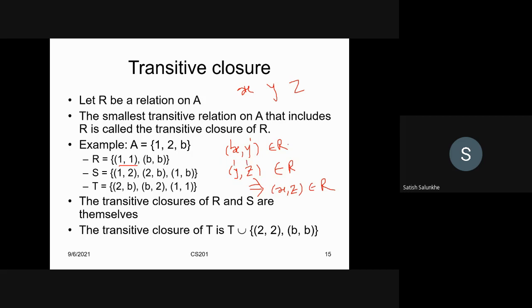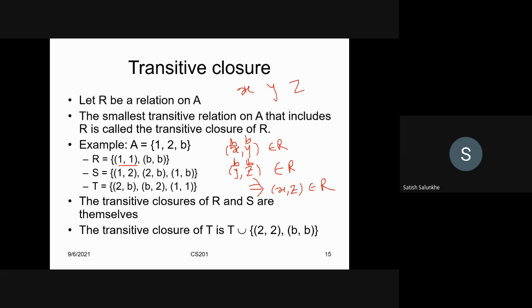So 1 comma 1 belongs to R, 1 comma 1 belongs to R. So this 1 comma 1, that is x comma z, belongs to R. So this is holding. Similarly, considering x as b, y as b, and z as b, you can see b comma b belongs to R, b comma b belongs to R, and therefore b comma b belongs to R is also there, that is x comma z is also there.